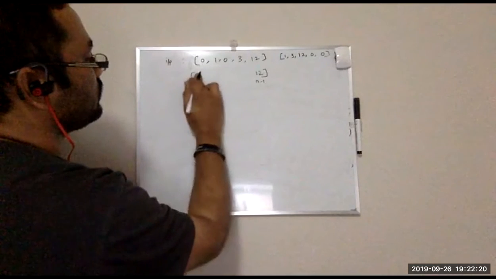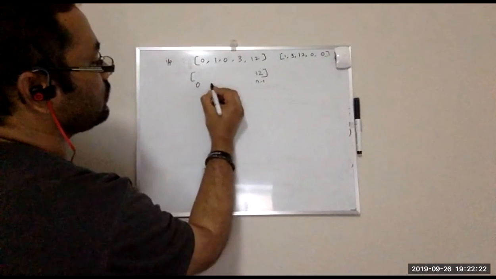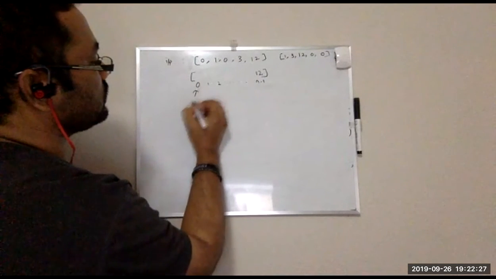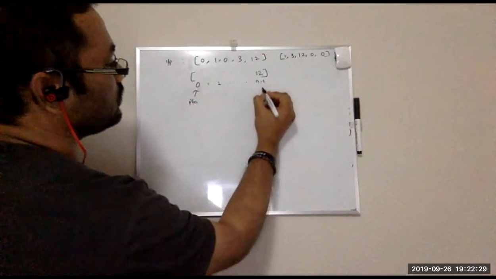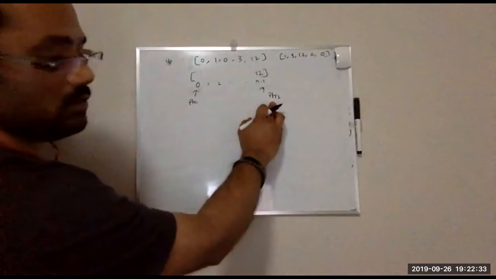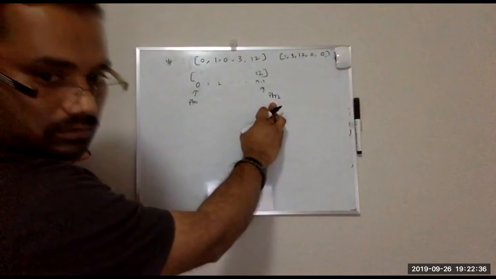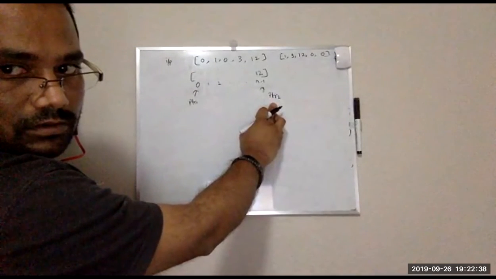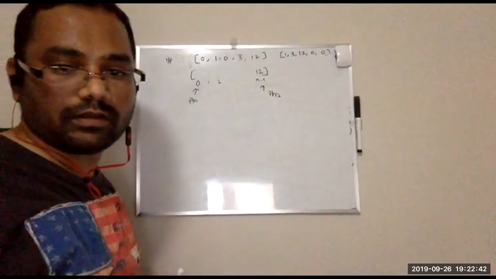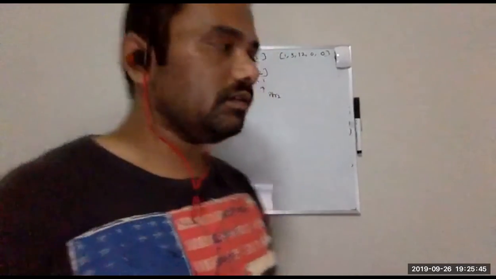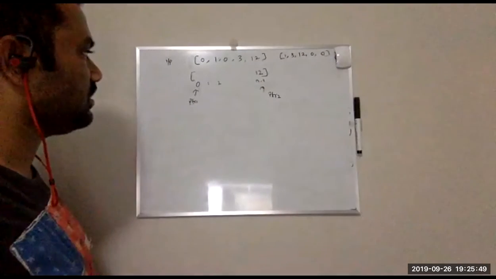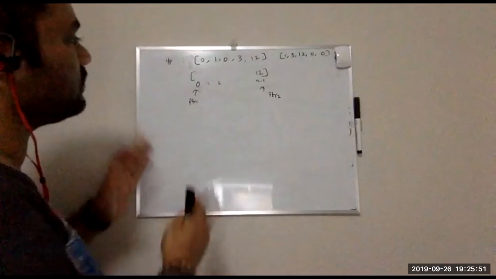Okay, so we have a pointer at 0. 1, 2. This is pointer 1. This is pointer 2. If the pointer 2 value is not equal to 0, okay. Yeah, I just thought, why not, I initially have the 2 pointers side by side.